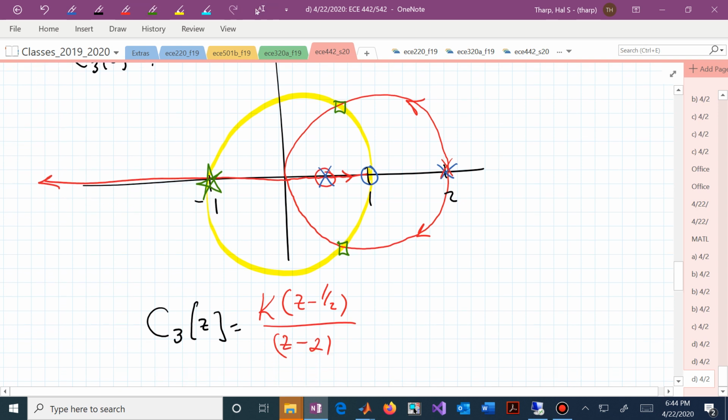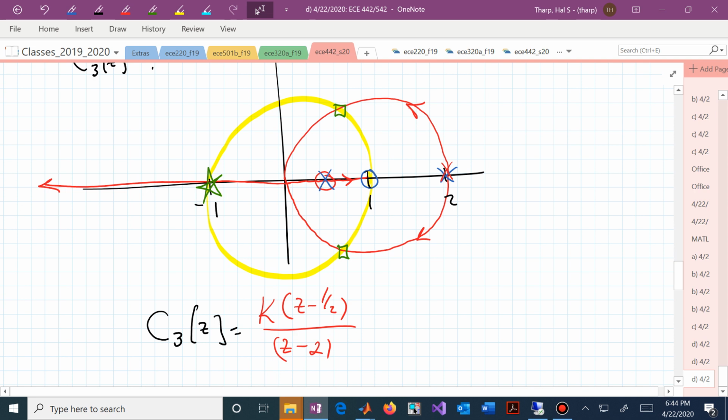And that's another stabilizing controller, but it is an unstable controller combined with an unstable plant to produce a stable closed loop system, as long as k is between k star and k rectangle.